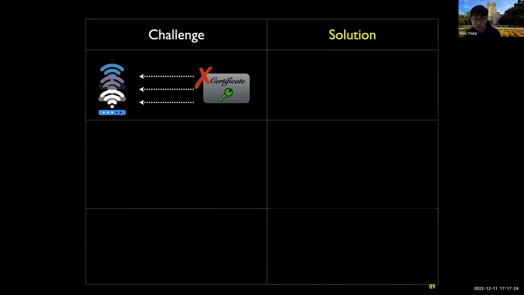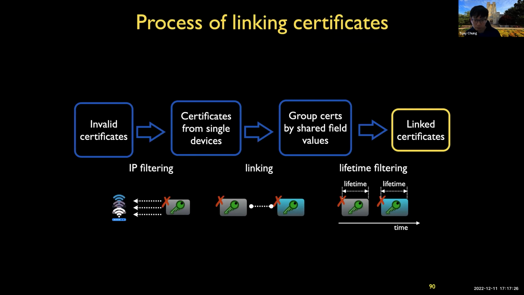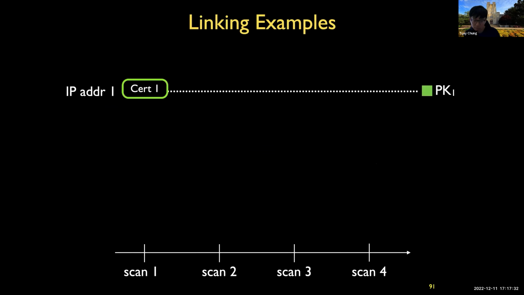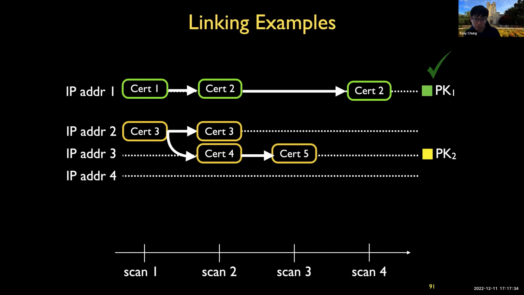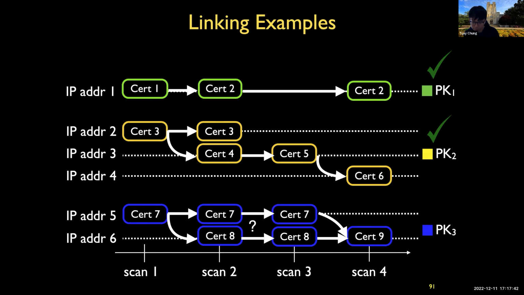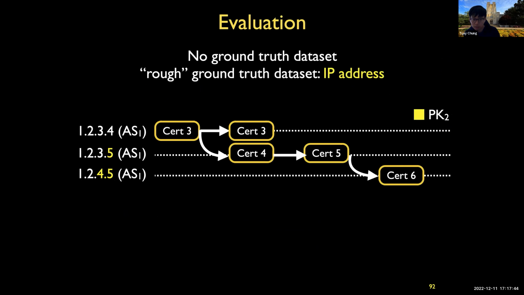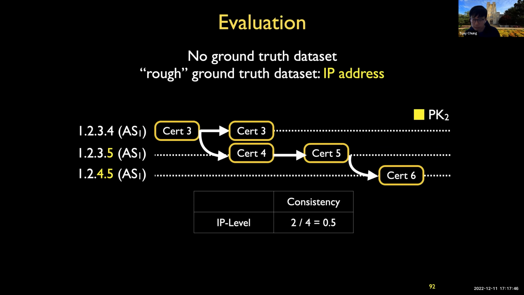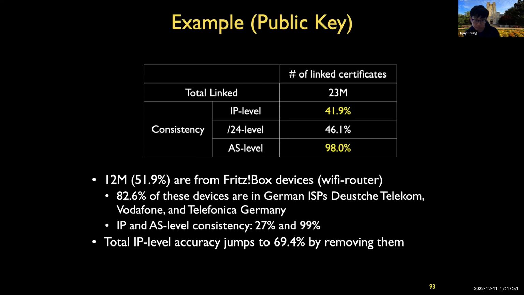You can actually do so by scanning all the invalid certificates across IPv4, and I'm going to skip that. This tells you how we can group all the different certificates together, okay? We can evaluate this link between certificates by using the IP address, but let me skip that too.